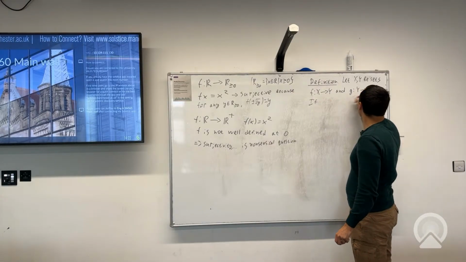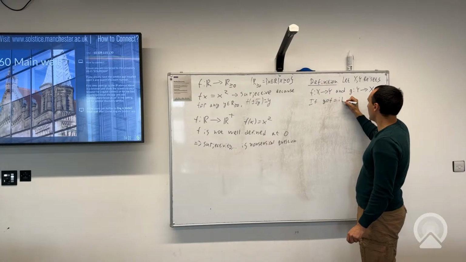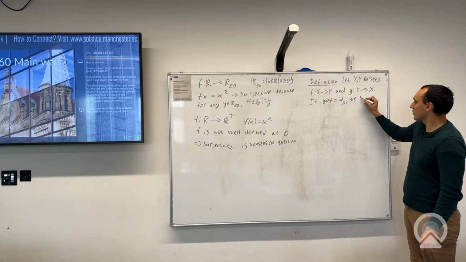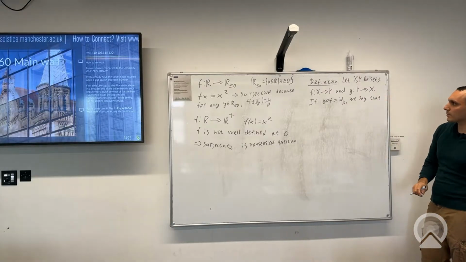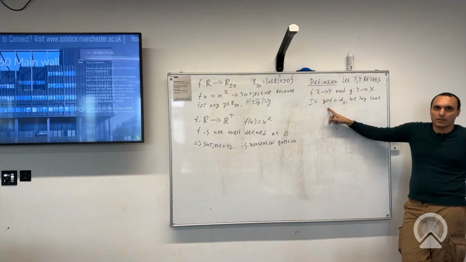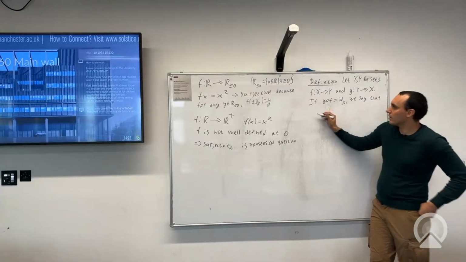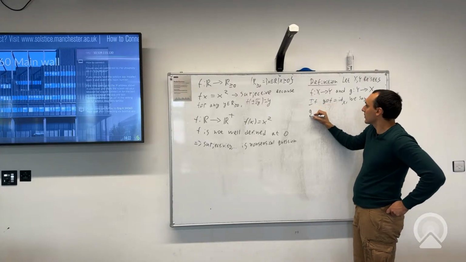If the composition of g and f is the identity of X, we say that g is a left inverse of f.